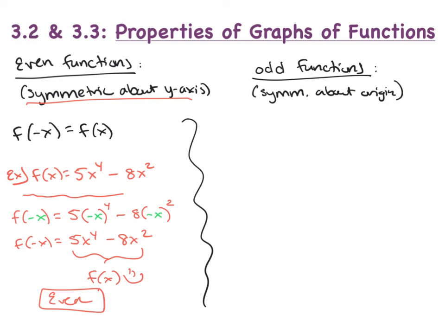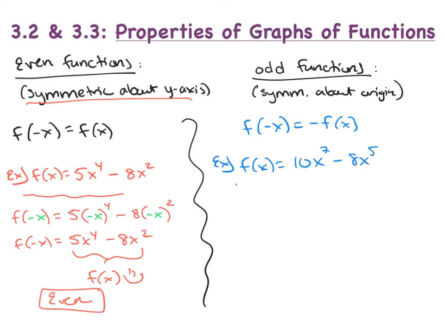Now, odd functions are great because you check them exactly the same way. You plug in negative x instead of x. And what simplifies is the negative can be factored out in front of the function. So for example, say you had the function f of x equals 10x to the 7th minus 8x to the 5th.